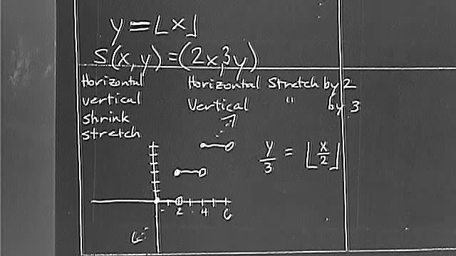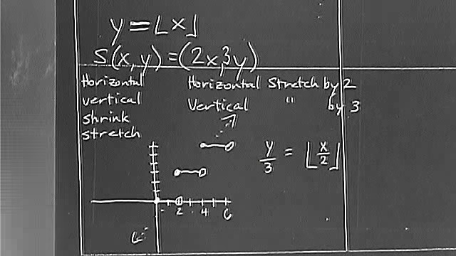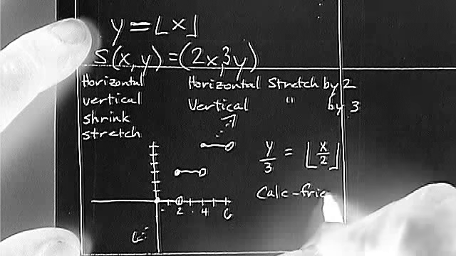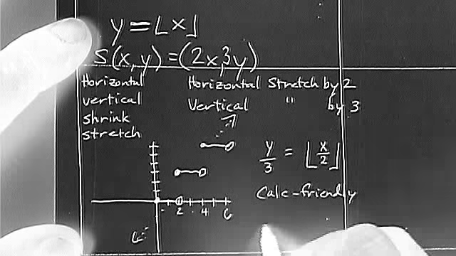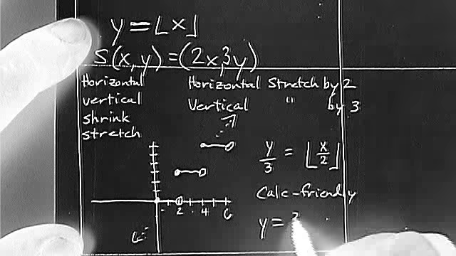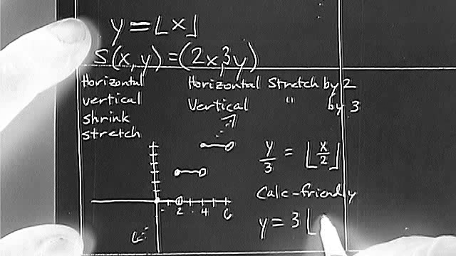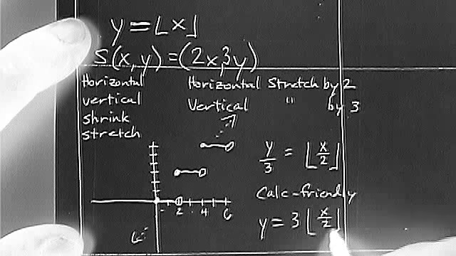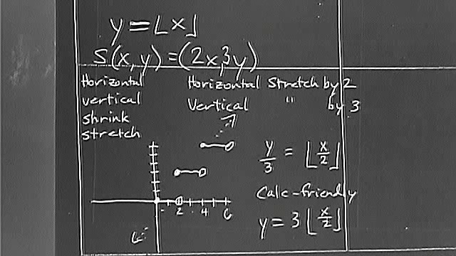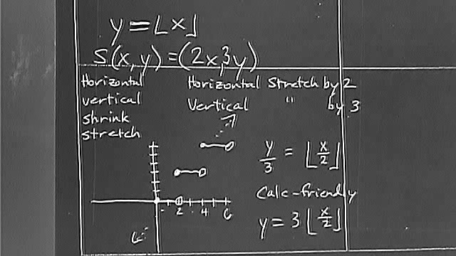Yes, we could have said 1/3 y. Now what does the calc-friendly form look like? The calc-friendly form looks like this. Well, multiply both sides by 3. So we replaced with the opposite.